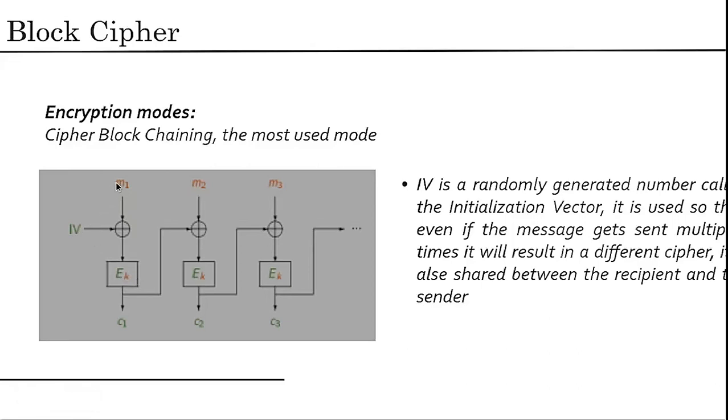We first take the first block, M1. Then we use the XOR operation between M1 and IV, and the resulting output is sent to be encrypted via the encryption algorithm using the key K to produce C1. Then C1 will also be XORed with the second block, M2, and so on and so forth.